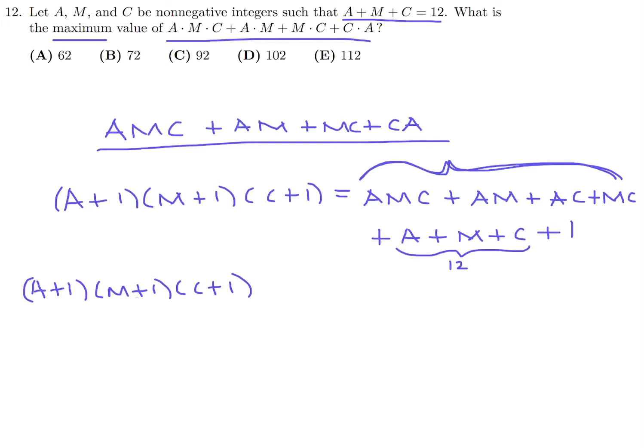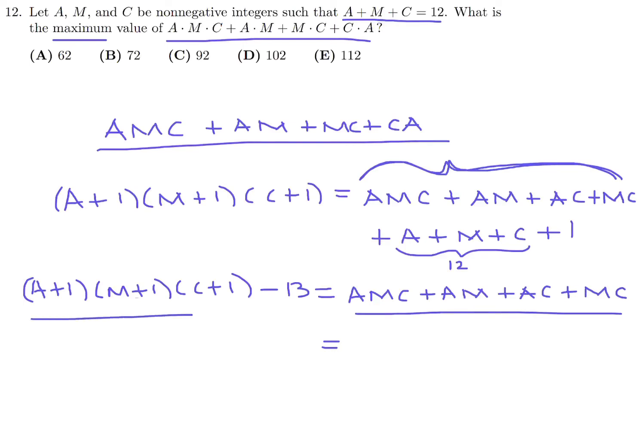This is 12, and this is 1, so that becomes 13. So subtract 13 is equal to amc plus am plus ac plus mc. All right, so we have to maximize this.